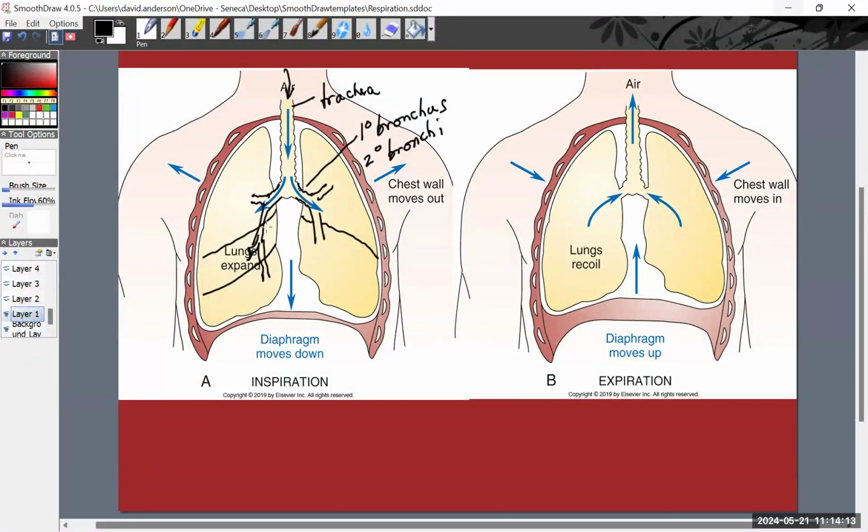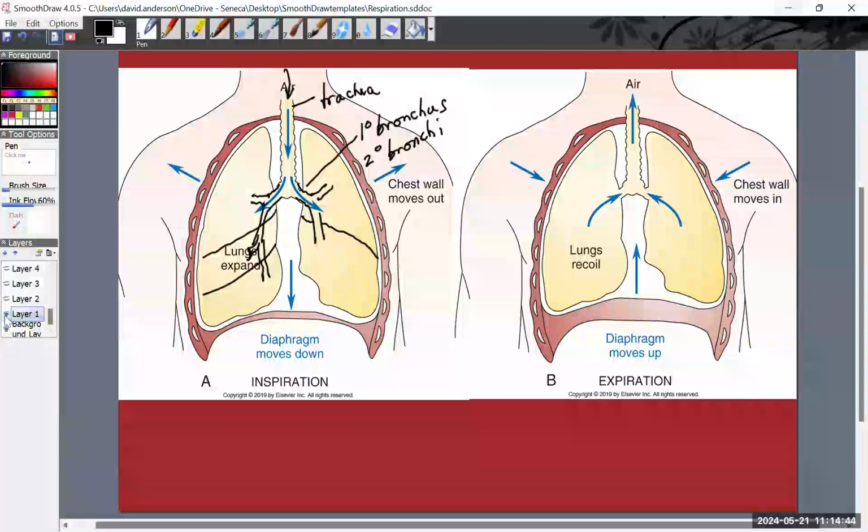The right side has three lobes, the left side has two, but what you want to really get from what we're showing you here is that we're getting distribution. First, we got distribution from the pharynx to the right and left lungs, then to the individual lobes of the lungs, and then there will be further branching to get to the actual location where we want air exchange to occur. That's described generally as a bronchial tree.